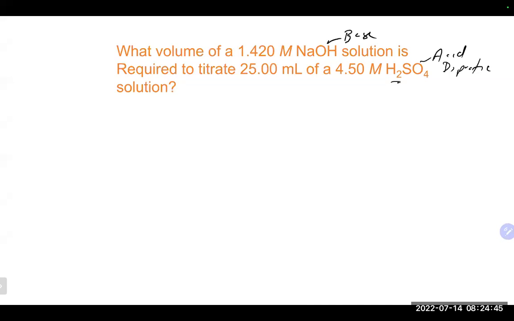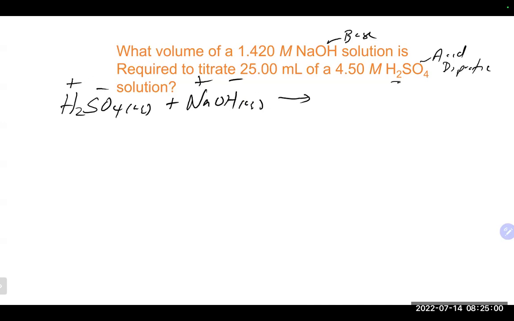We will start with our reaction, which is pretty much like every stoichiometry problem. We got to make sure we have that correctly. So we're going to take our acid plus our sodium hydroxide, which is our base. Once again, this falls under the big category of double displacement reactions, basically, as we talked about. So once again, the H is going to come over to the OH, the sodium is going to come over to the sulfate, and we want to make sure that we do write the correct formulas on the right-hand side like we talked about.